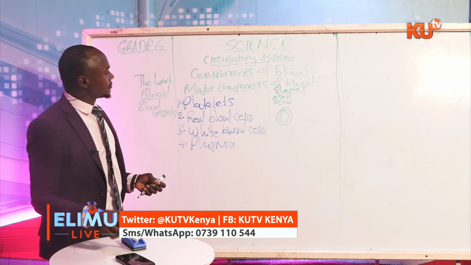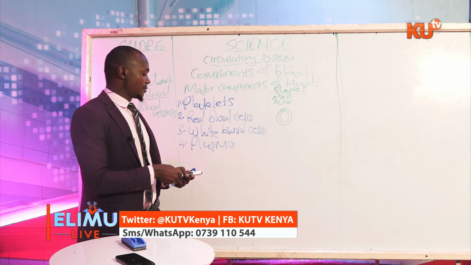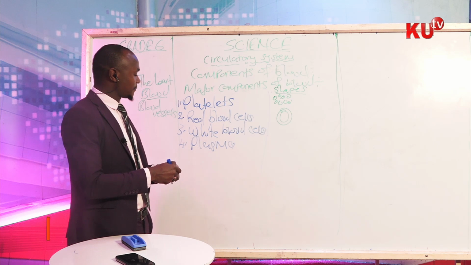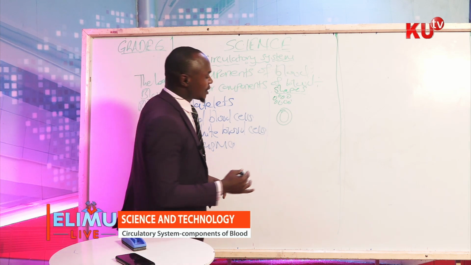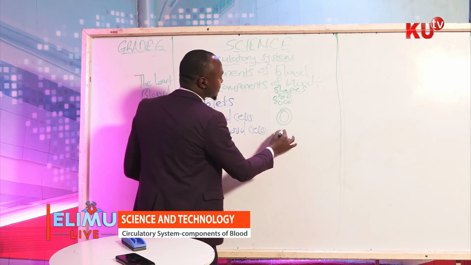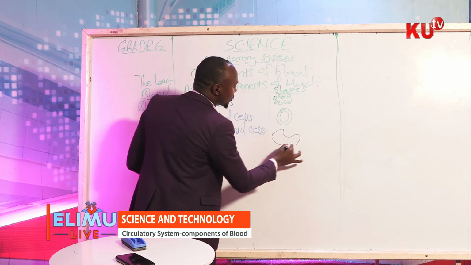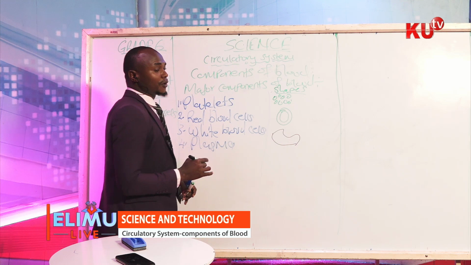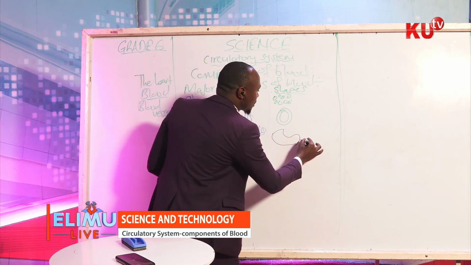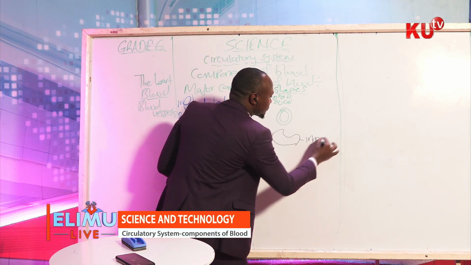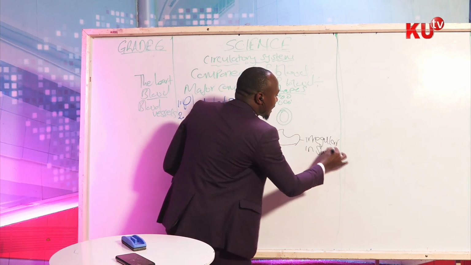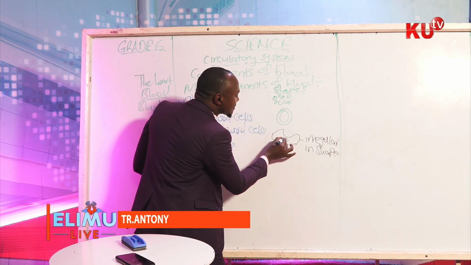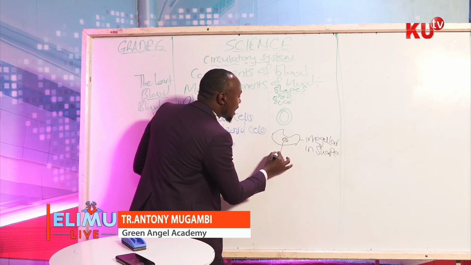The white blood cells do not have a regular shape. We normally say that it is irregular in shape, and inside this we have a nucleus.